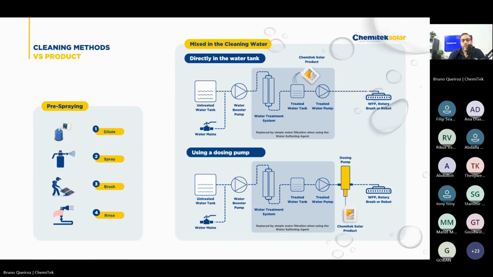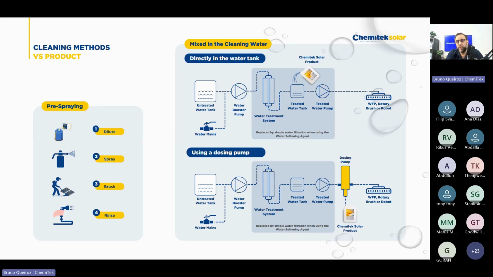So, talking about using the products according to the cleaning method, we have two ways of using the product. One is pre-spraying, where you just dilute and spray the product on the module. You then brush with a manual brush, rotary brush, a robot, or any other type of cleaning equipment, and you rinse in the end, and you are done.